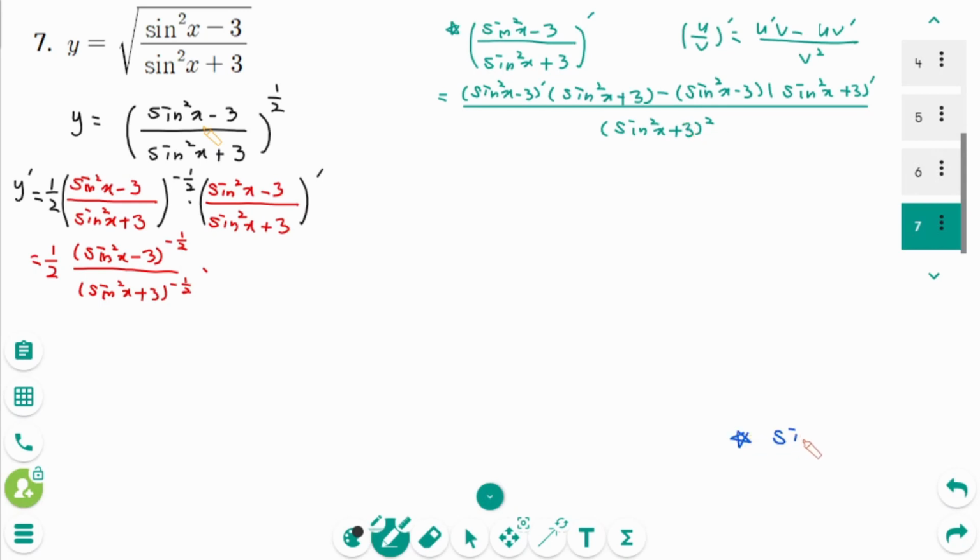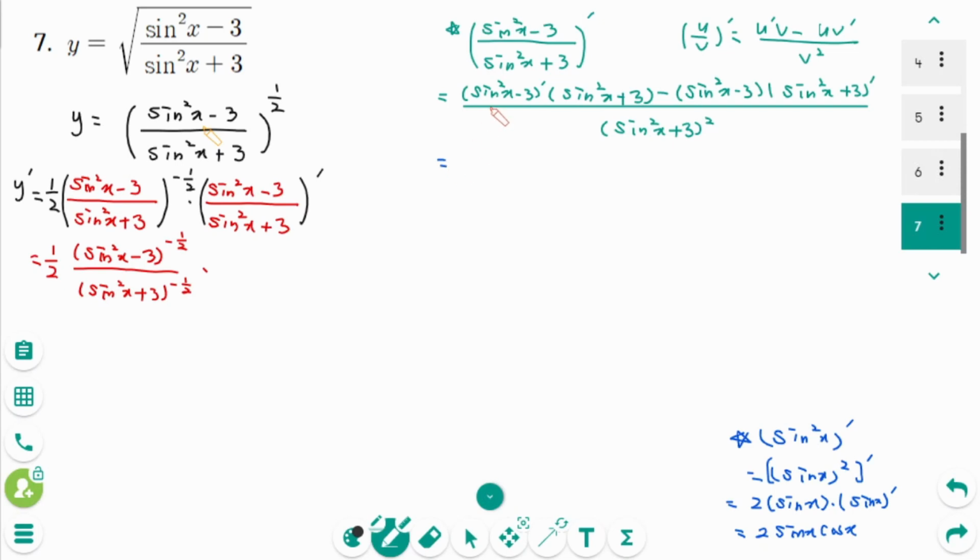And sine squared x prime equals sine x squared prime, then u squared prime equals 2u times u prime. The inner function is sine x, so 2 sine x times sine x prime equals cosine x.